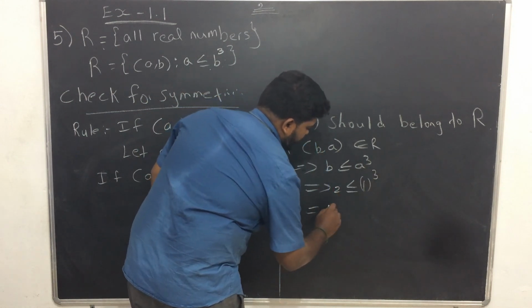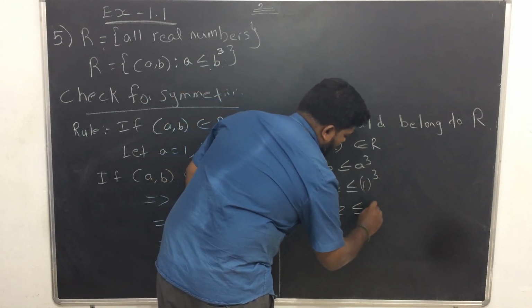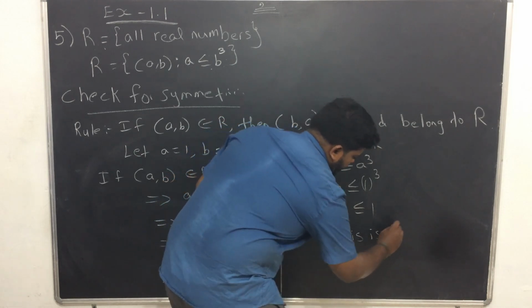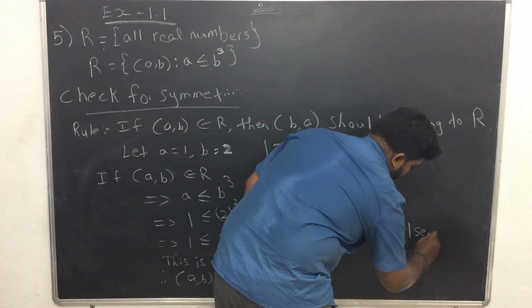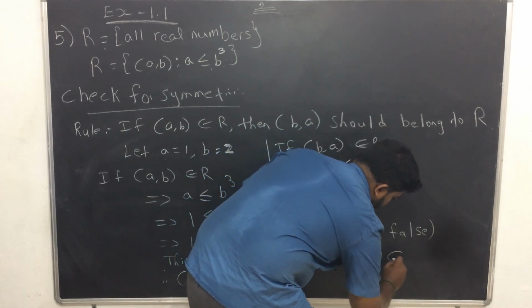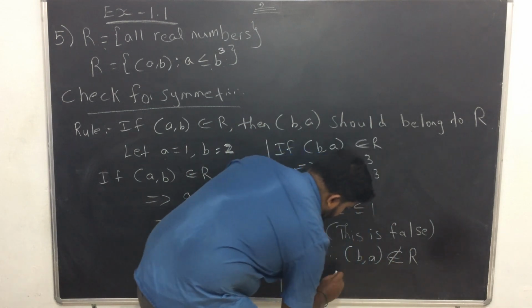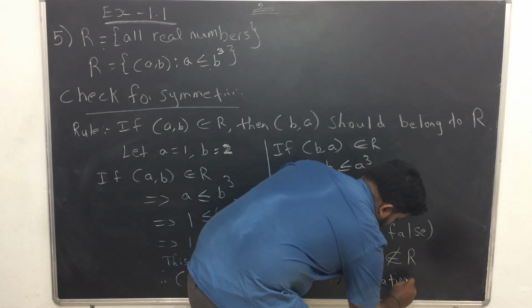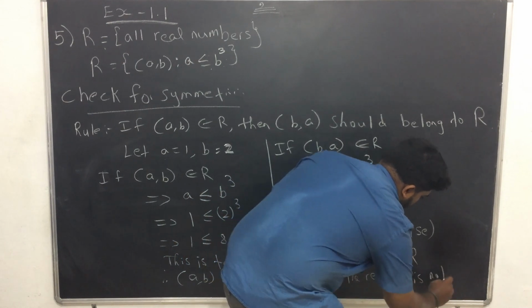Which implies 2 is less than or equal to 1. This is false. Therefore, (b, a) does not belong to R. Therefore, the relation is not symmetric.